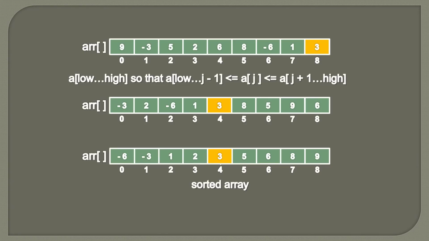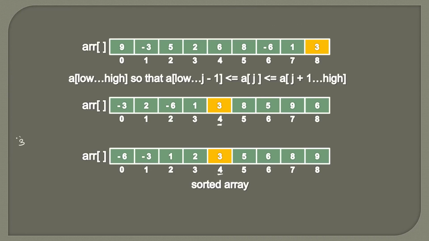So here the pivot in the sorted array is at its correct position like this. But when we do the first partition, this one particular element is sorted. Here you can see in the sorted array, the pivot doesn't change its position and it is at its correct position. So we can think that from the first partition, we have sorted one element.